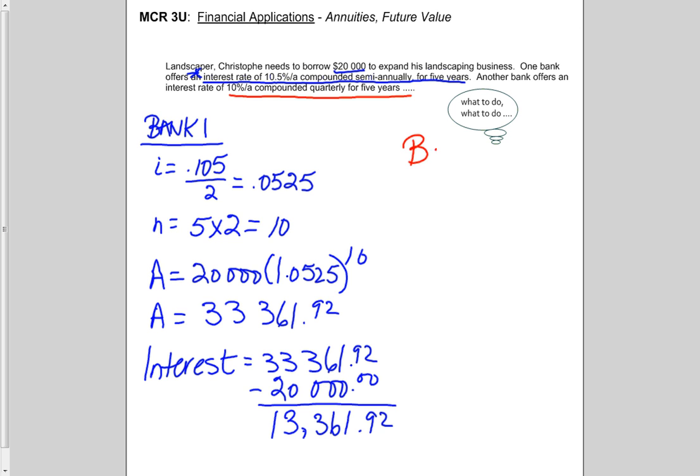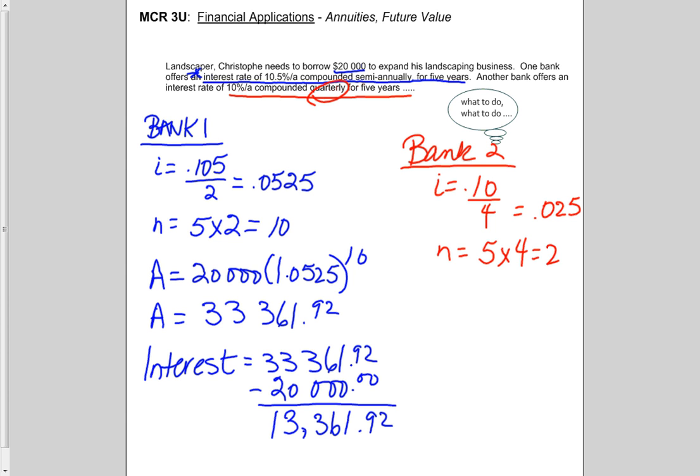So Bank 2, our I value is 10%, and it's compounded quarterly. So we would divide by 4. 0.025. The N value is 5 years, but quarterly, they're going to compound the interest 20 times.